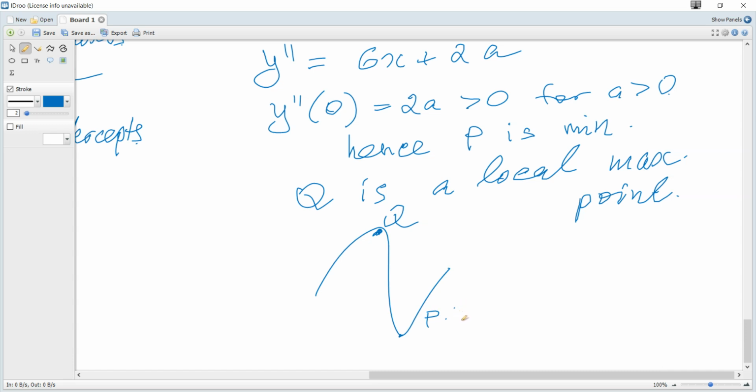And now we show that P is below the x-axis and Q is above, to prove that there are 3 roots as required. How to prove that?